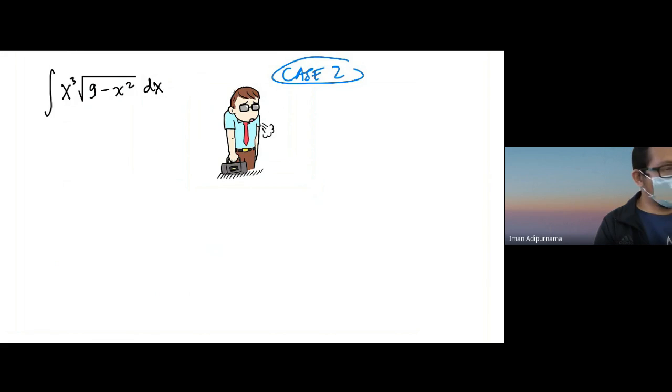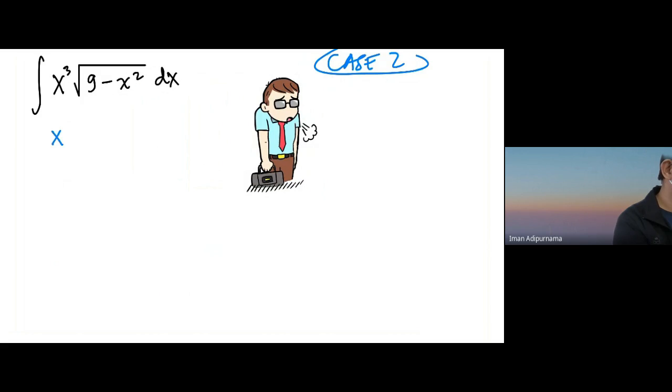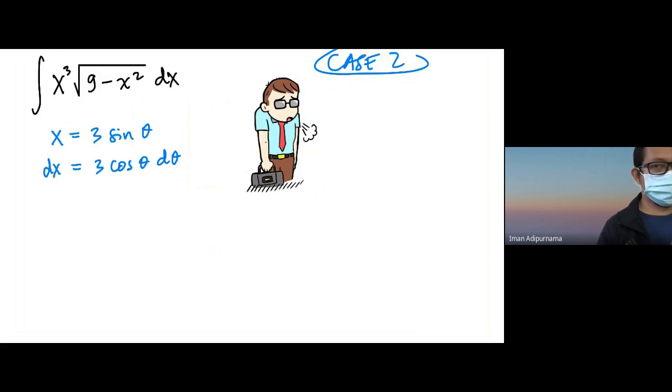You can try to use the cos, or you can try to use the sine. Let me use the sine first, and maybe you can try cosine at home. So let's use x equals 3 sine theta. If we differentiate, this will be 3 cos theta d theta. So that's our dx.